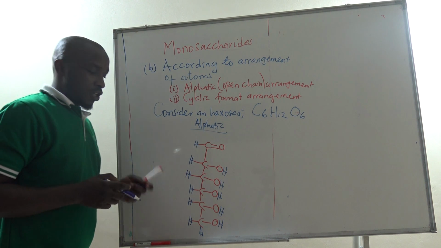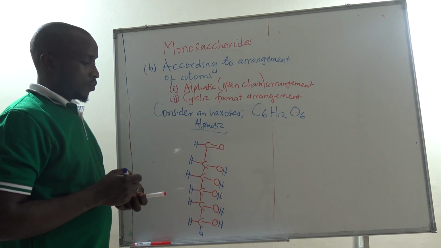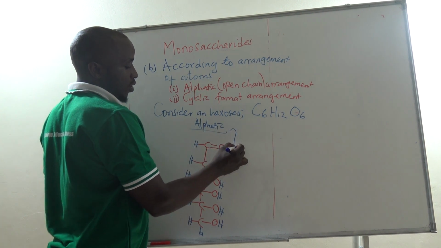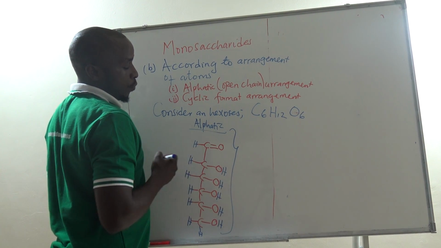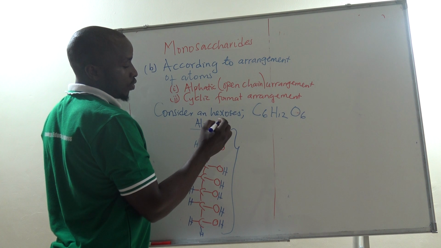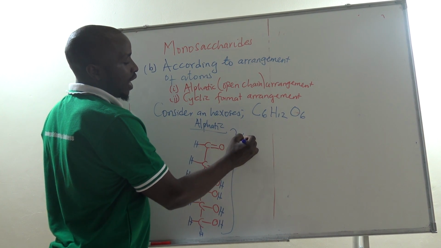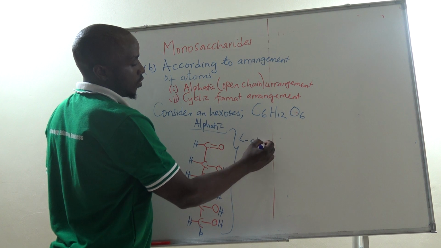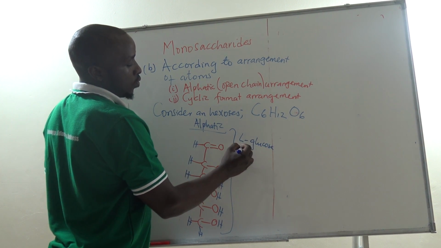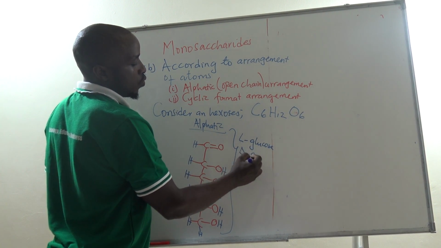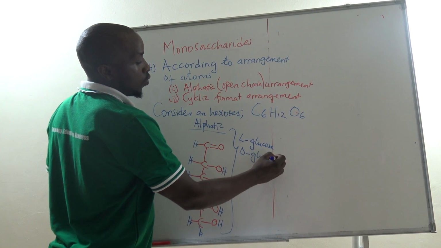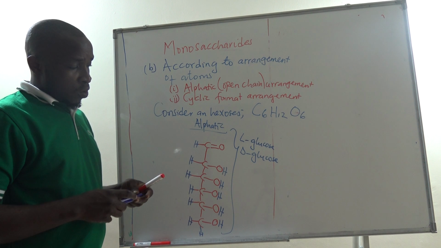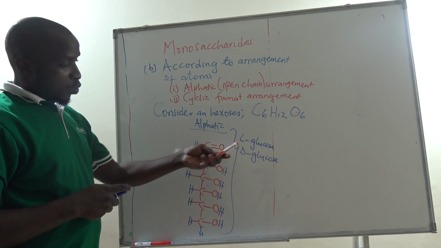So this structure, if it happens in a straight line like that, open chain, we are going to term it as either L-glucose or D-glucose.